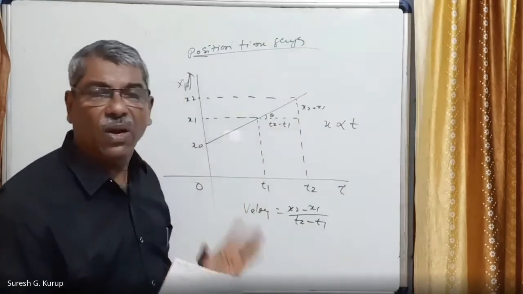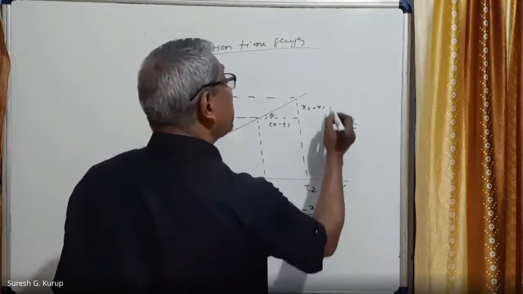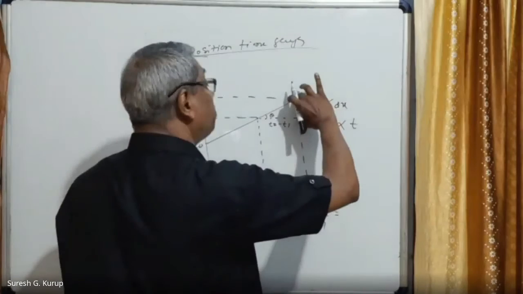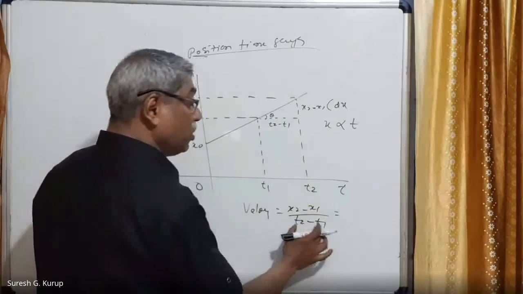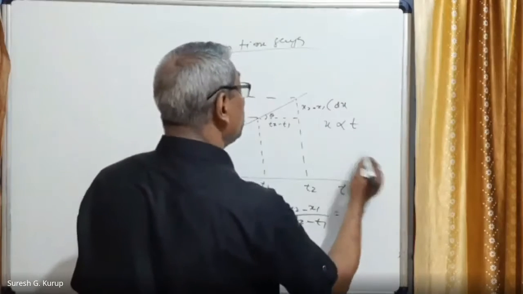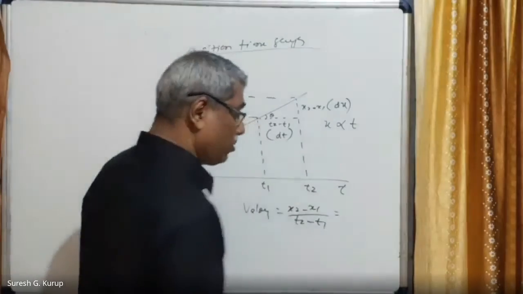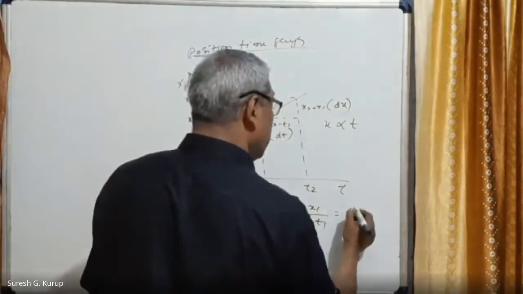So this is velocity. Am I correct? So this can be written simply as dx, the small displacement of the body for a time t2 minus t1, which can be given as dt also. Therefore, velocity is equal to dx by dt.